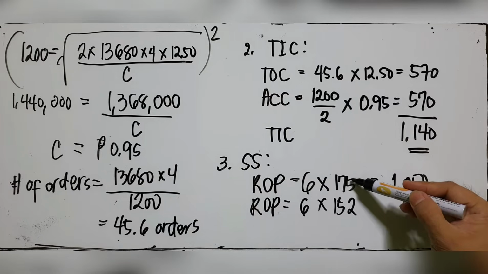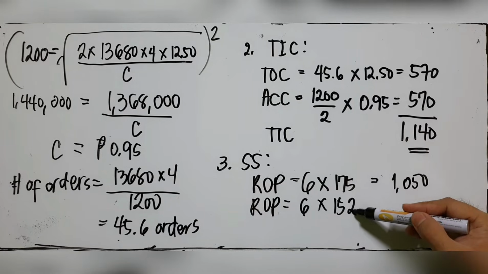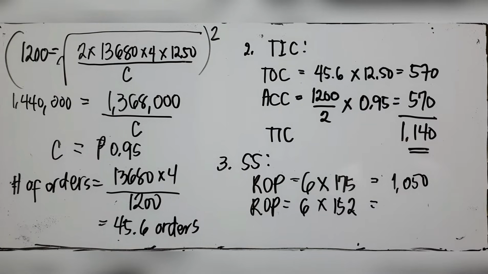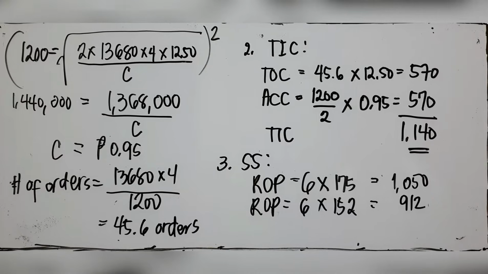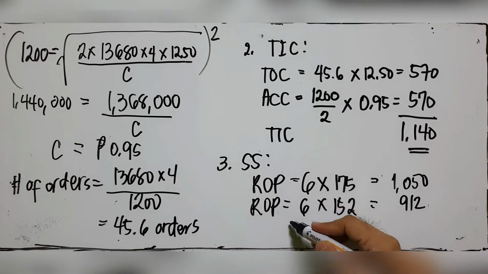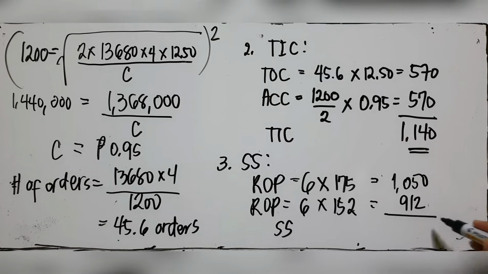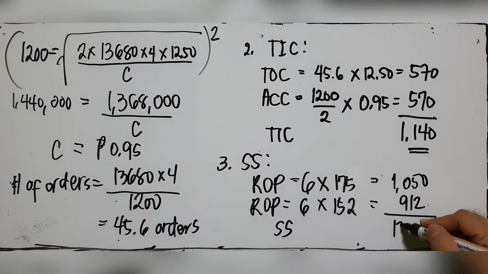Again, this is our maximum usage. This is our daily usage on the average. So the answer is multiply it by 6. We have 912 na reorder point kapag daily usage. Okay? So our safety stock is the difference of the two. So 1,050 minus 912, 138 units. So that's your safety stock. And that's your answer in number 3.